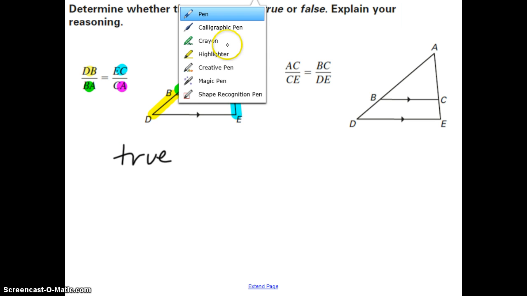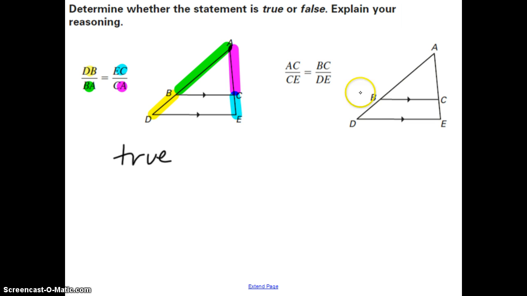When we look at the second one, we're going to compare it in the same way. AC is this segment here, and CE is going to be this segment here. BC is this segment, and DE is going to be this segment. Now when we compare these, AC and CE are both on the right side, BC and DE are both this long side or the parallel sides of the two triangles.